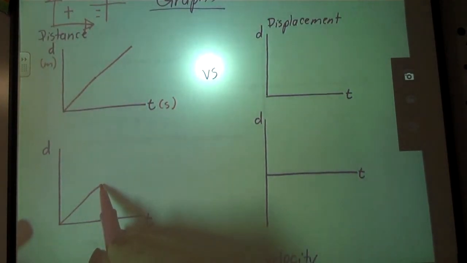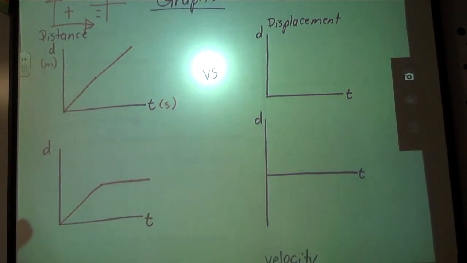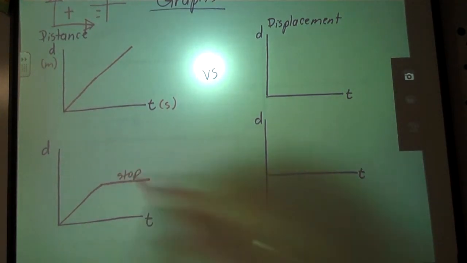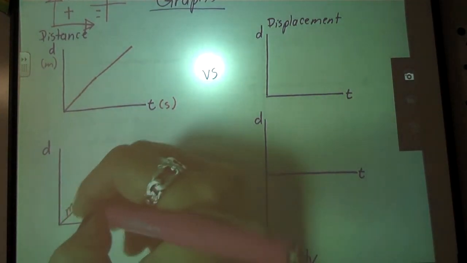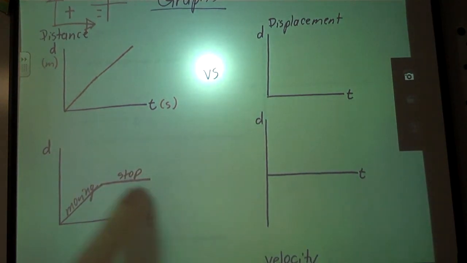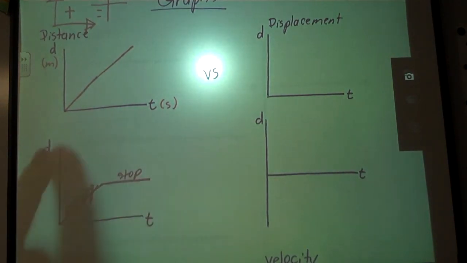If they stop, distance is no longer increasing, however, time continues to march forever forward. So that would be represented by this flat line here. So we have moving, which is my line with a slope, and then stopped. Time marches forever forward, however, our distance, our y value, is no longer changing.